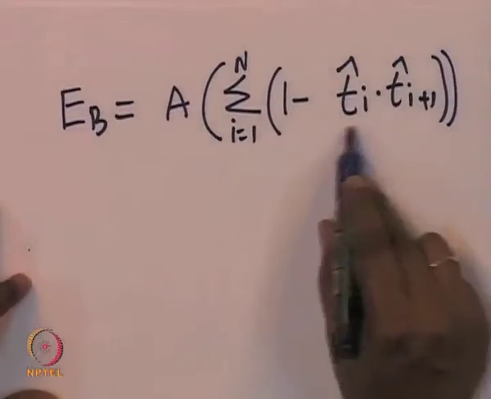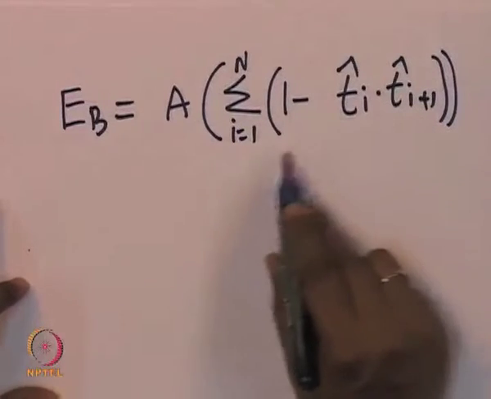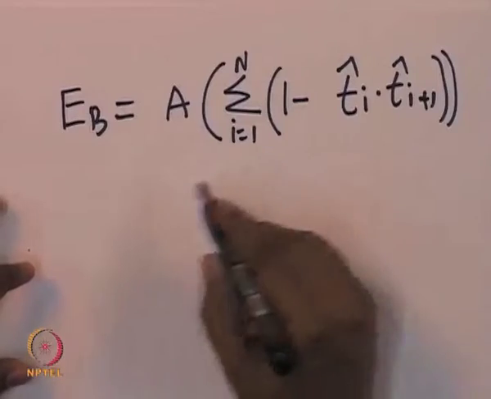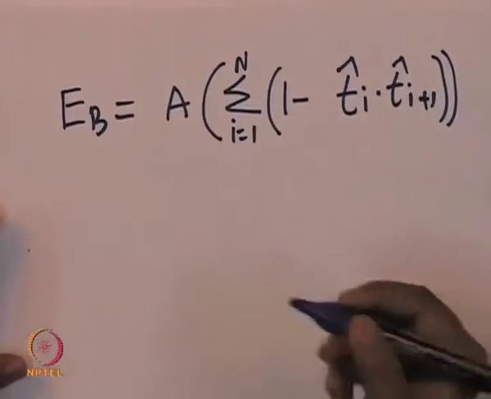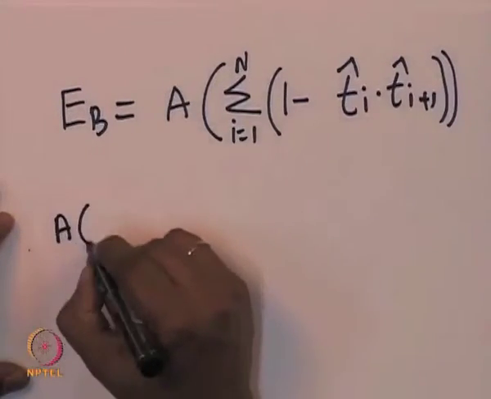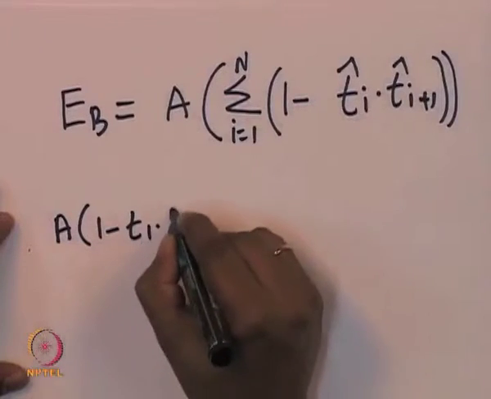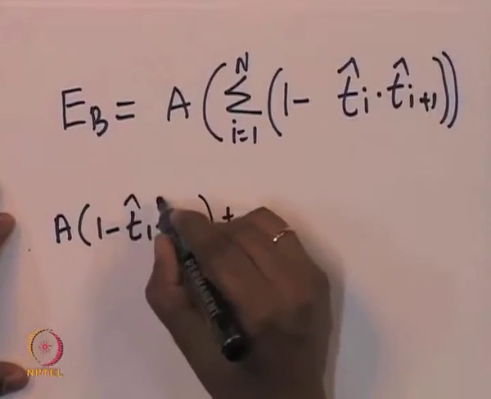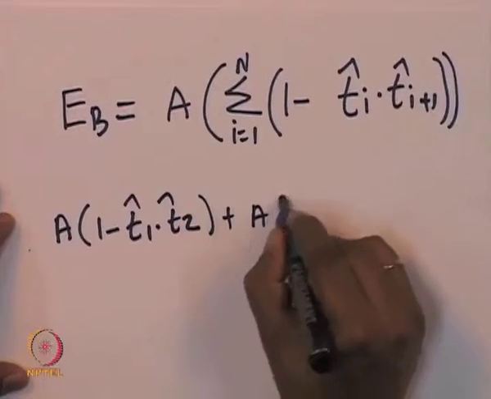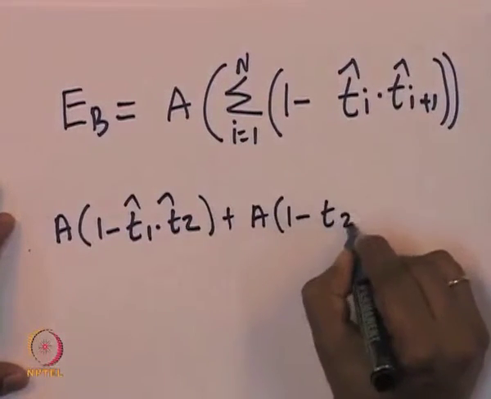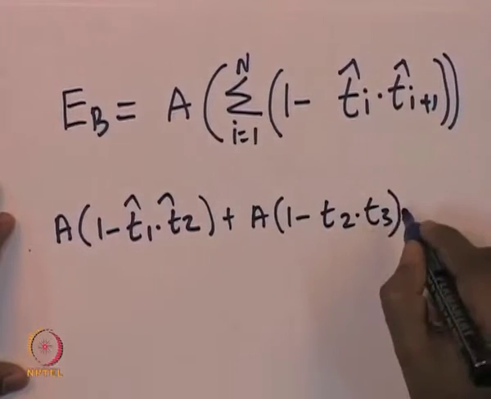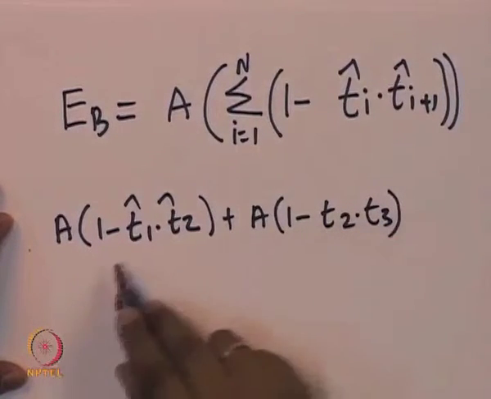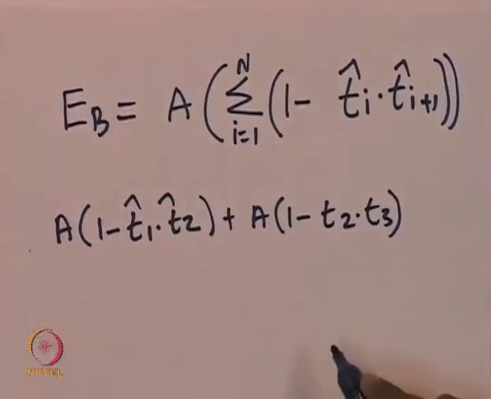Sum over i of 1 minus T_i dot T_(i+1). If the DNA has 3 tangent vectors, T1, T2 and T3, this will be A times (1 minus T1 dot T2) plus A times (1 minus T2 dot T3).